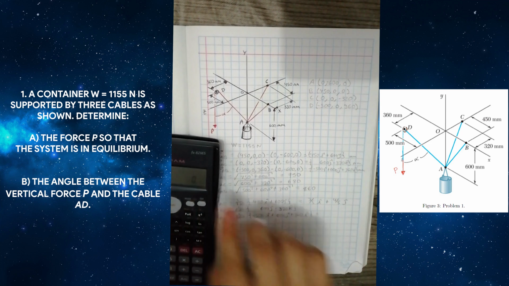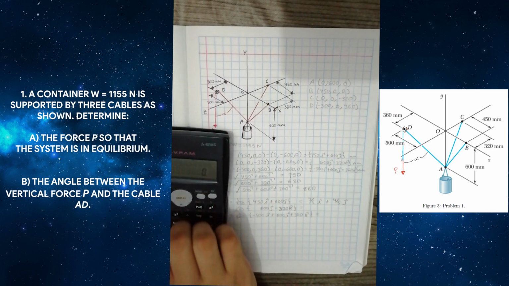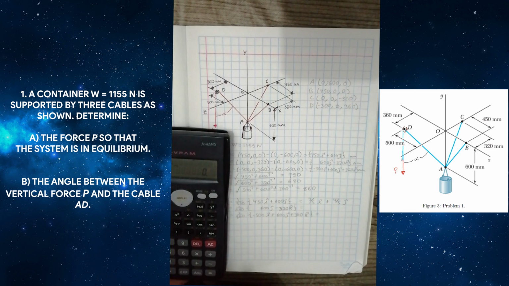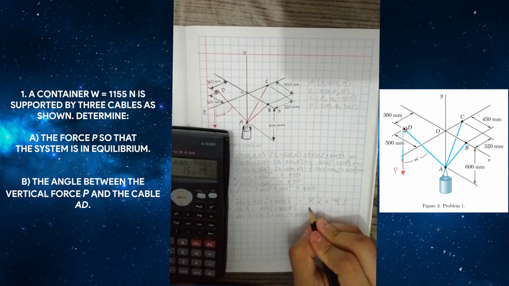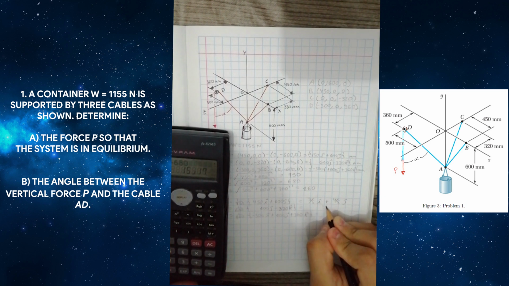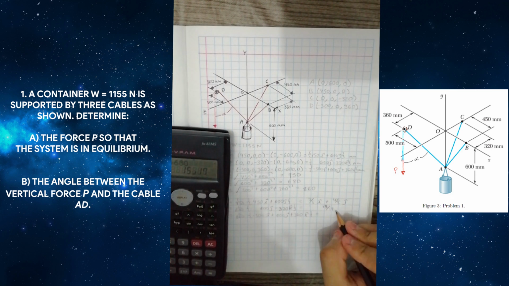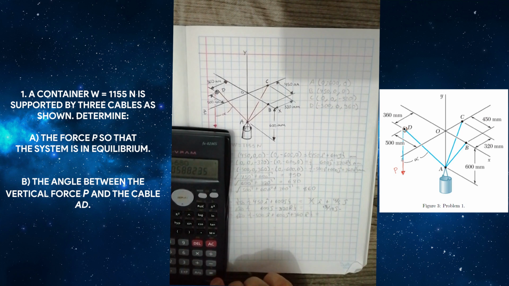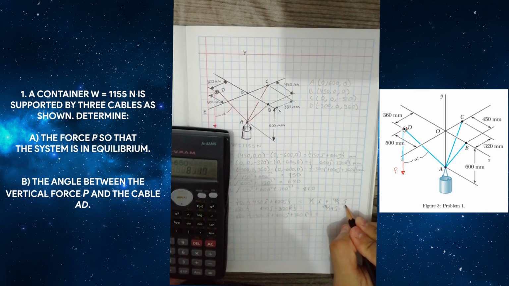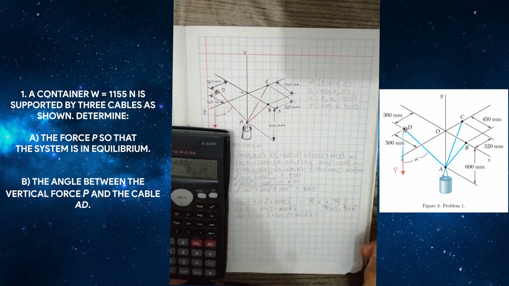For the next, 600 over 680, that is 15 over 17 j minus 8 over 17 k.